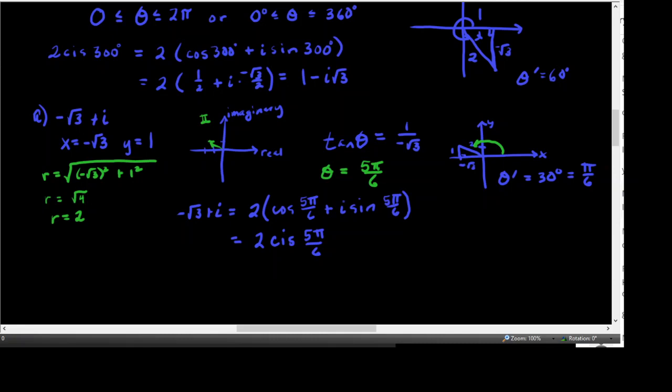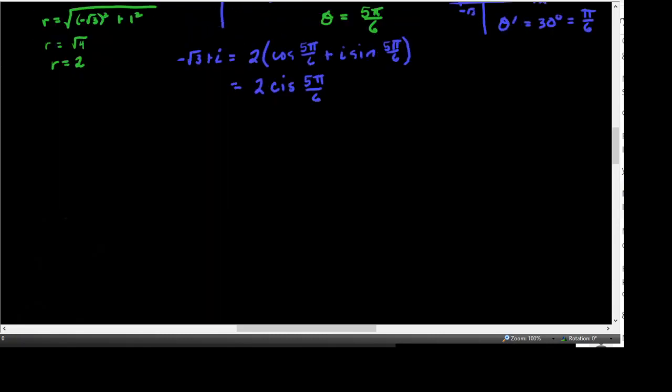Okay, now our second question that I'd like to look at, part B, is negative 3i, and this time we're using degree measure. Okay, so I'm going to start out by graphing this in the complex plane.